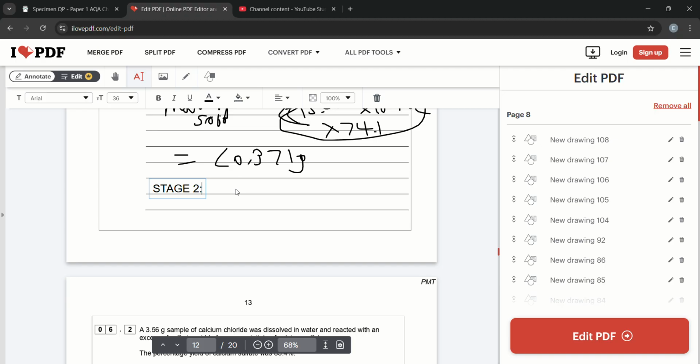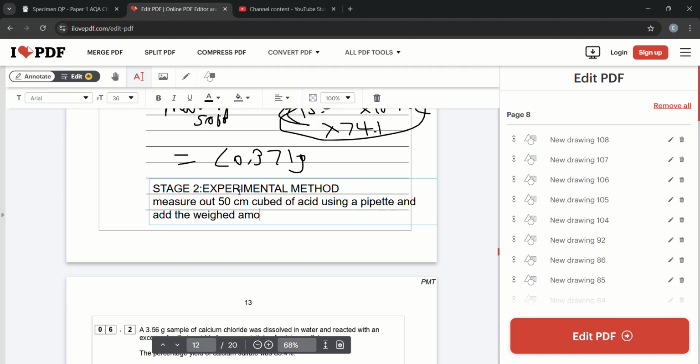Stage 2, experimental method. Measure out 50 cm³ of acid using a pipette and add the weighed amount of solid in a conical flask.